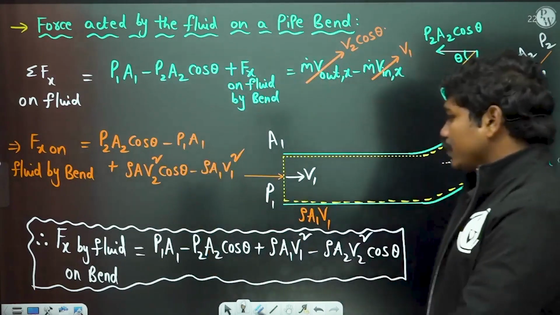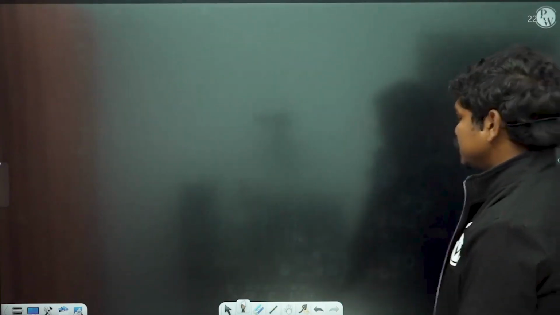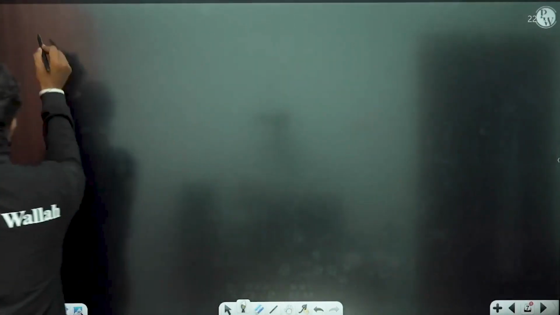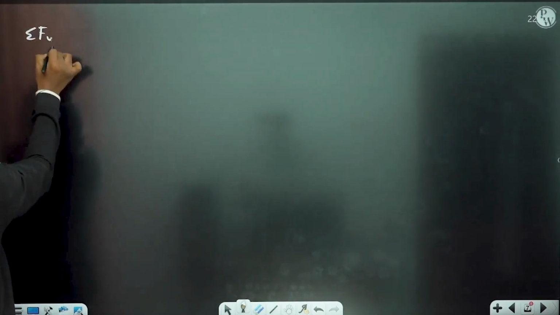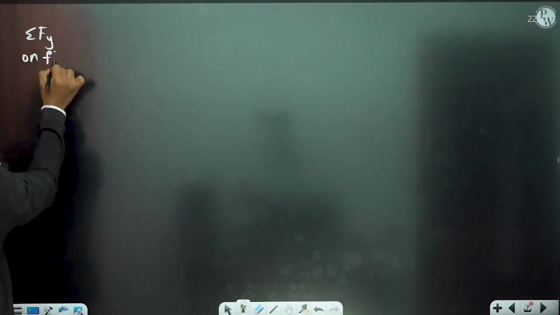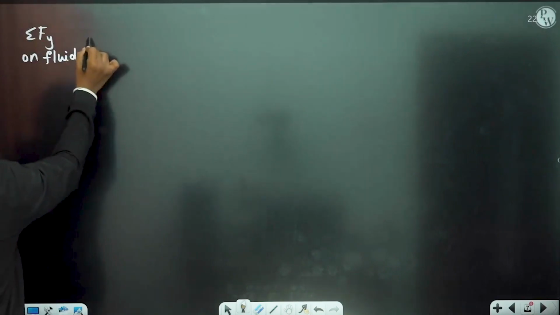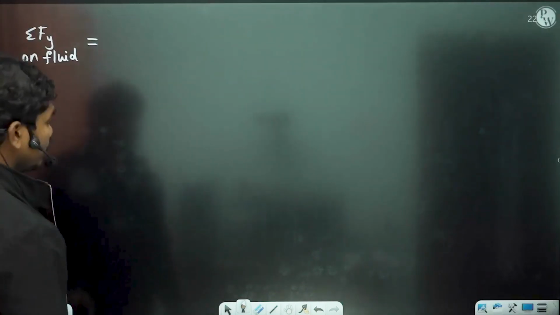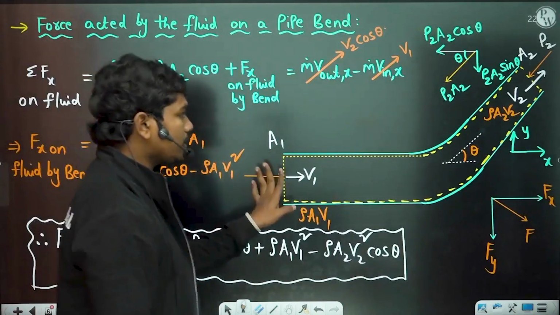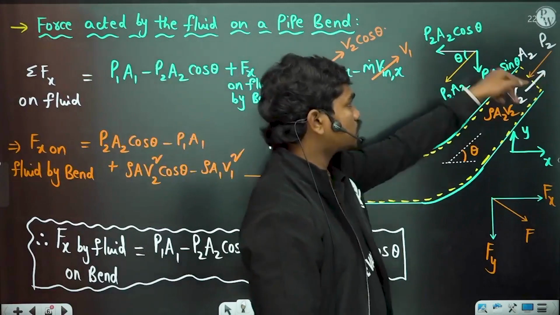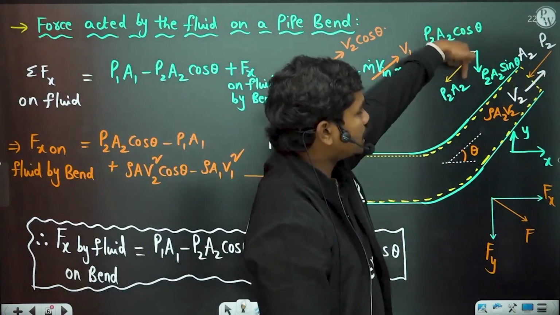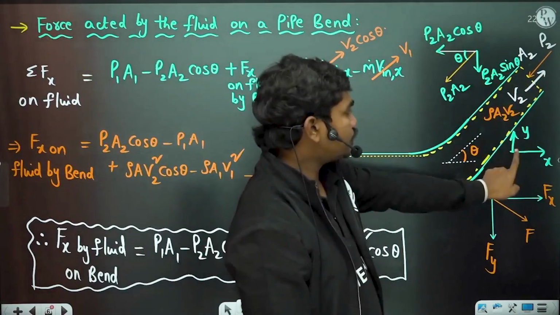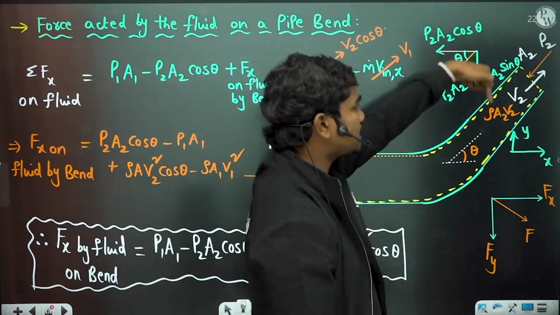Okay, next if you want to calculate in the y direction, let us see sigma Fy on fluid is equal to, of course sigma F acting on the fluid in the y direction, now in the y direction at the inlet there is no force, but at the outlet there is a force. You see P2 A2 sin theta, which is in the downward direction. Okay, so here y is in the positive direction, but this is in the downward direction.